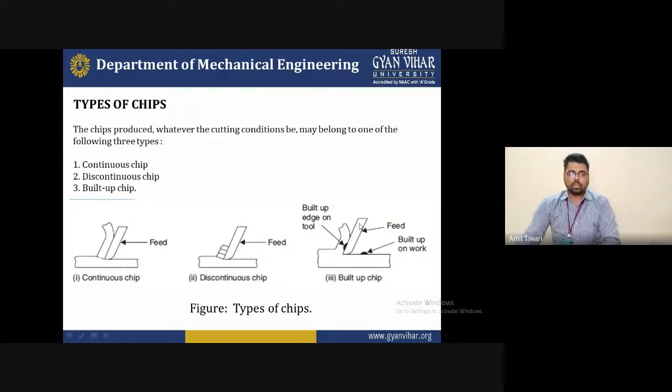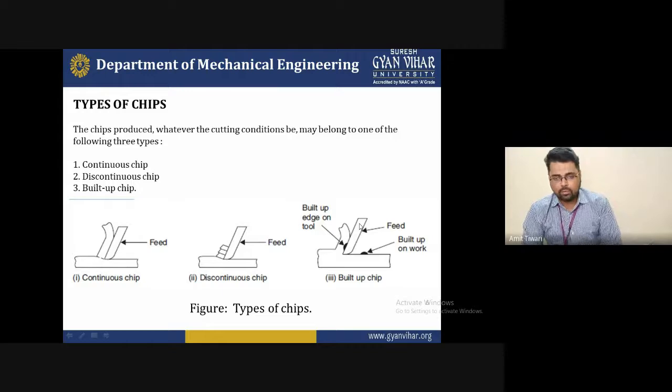So whenever you are machining, if you are not providing coolant or maintaining the temperature of the workpiece and the tool, the build-up chip will definitely be generated. It will reduce the surface quality of the work material, and the tool material will have a chance of damage or will need to be replaced.